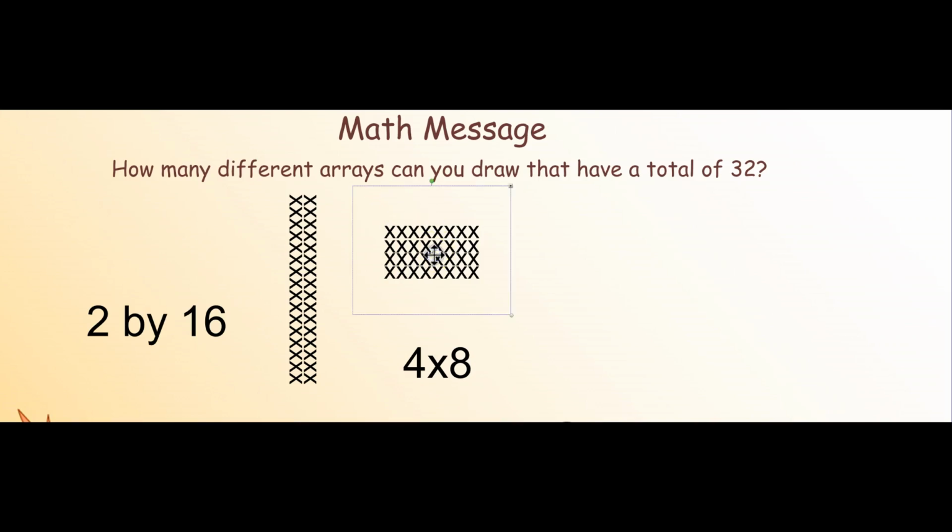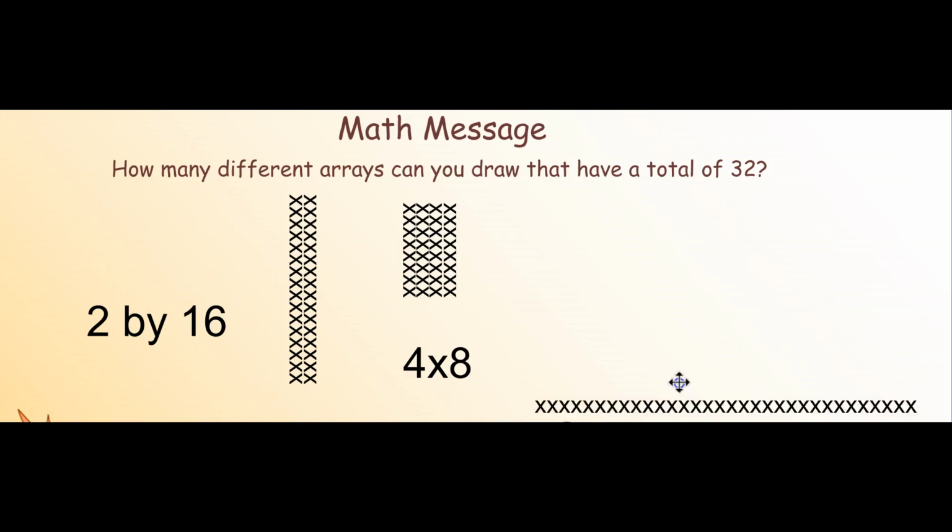Did you make an array with 8 rows of 4? That's actually the same array turned on its side. Now I have 8 rows with 4 columns, or 4 in each row. Is there another one?